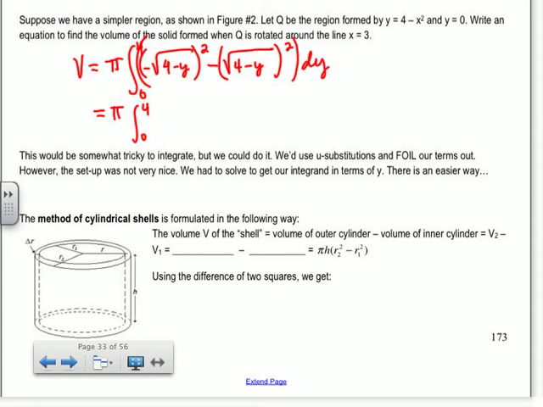Negative squared becomes positive, and square root squared becomes 4 minus y, minus 4 minus y. I did something wrong. I think I need absolute values. Remember how if you have the square root of x squared, it equals the absolute value of x. So let's go ahead and we'll do math 9 just like it is, so we can avoid doing the absolute values and everything.